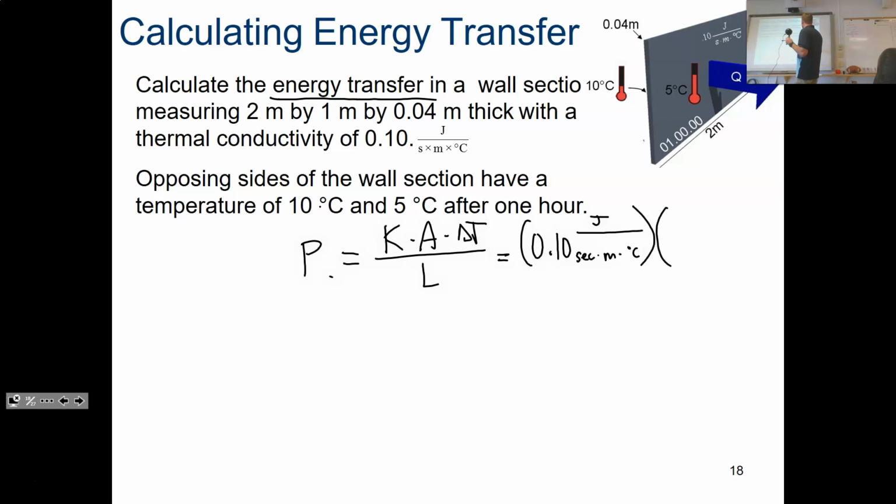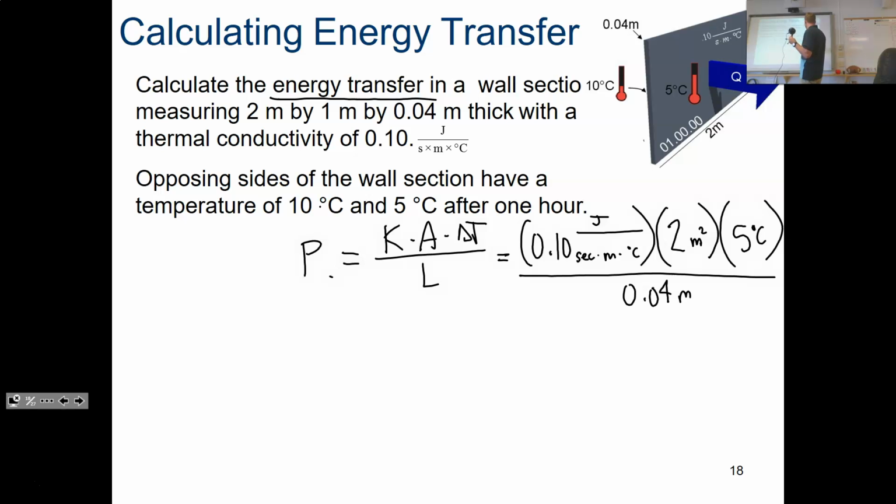The area of our wall is 2 by 1, so that's 2 square meters. And then the change in temperature is 5 degrees Celsius. And then we're going to divide by the thickness, which is 0.04 meters.